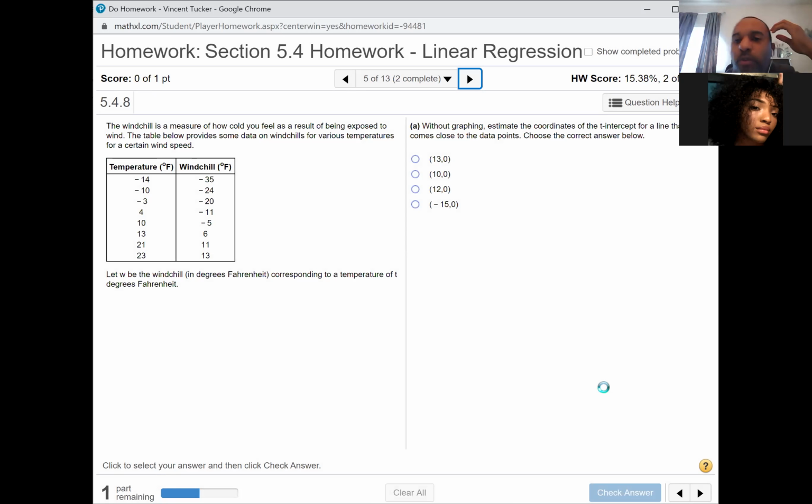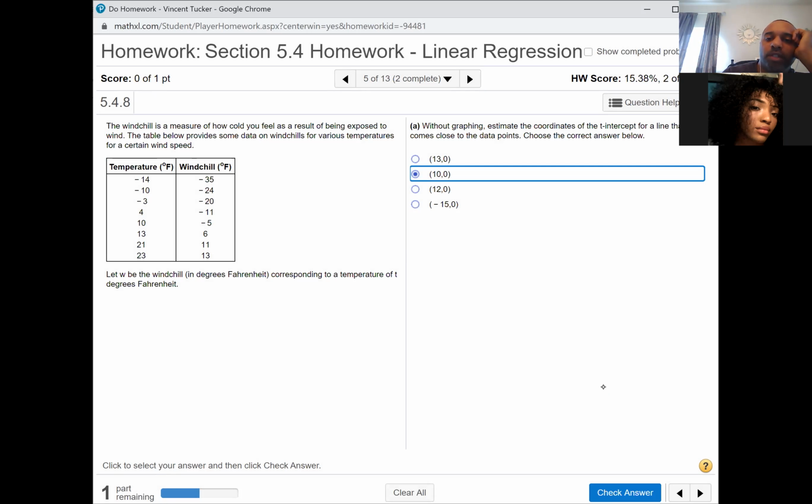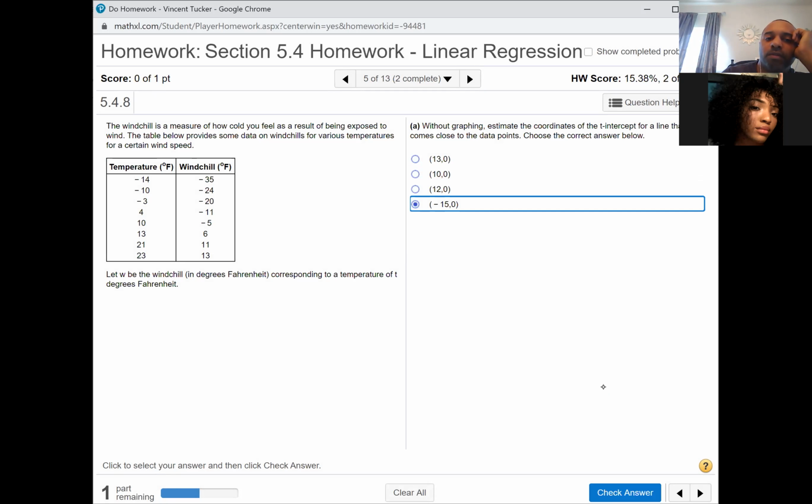So without graphing, they want us to estimate the coordinates of the t-intercept for the line that comes close to your data points. So what we're going to do is look at the fact that we have 0 in the right coordinate. We see 13, 0, 10, 0, 12, 0, negative 15, 0. And so we look at the right coordinate, the wind chill, and see when it crosses over from negative to positive, because that's when my 0 would be.